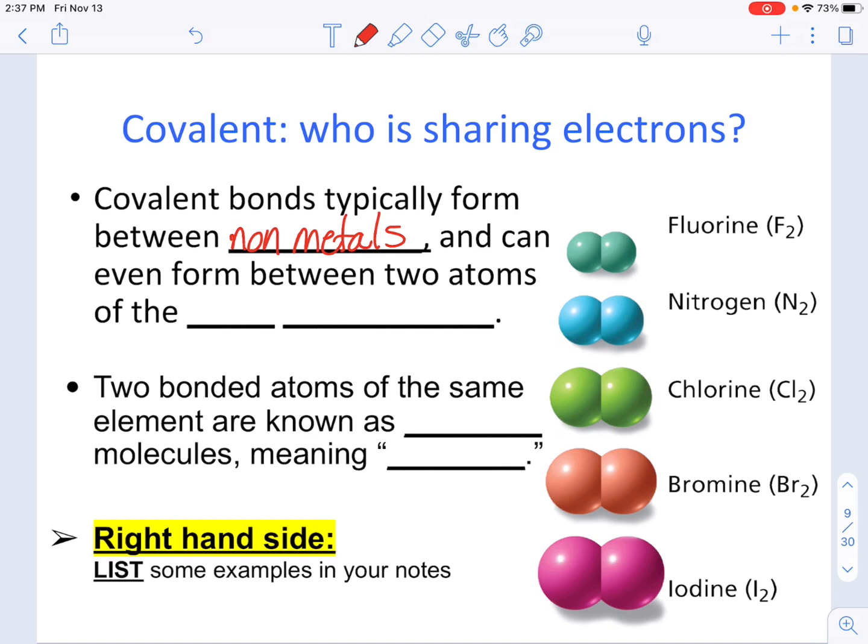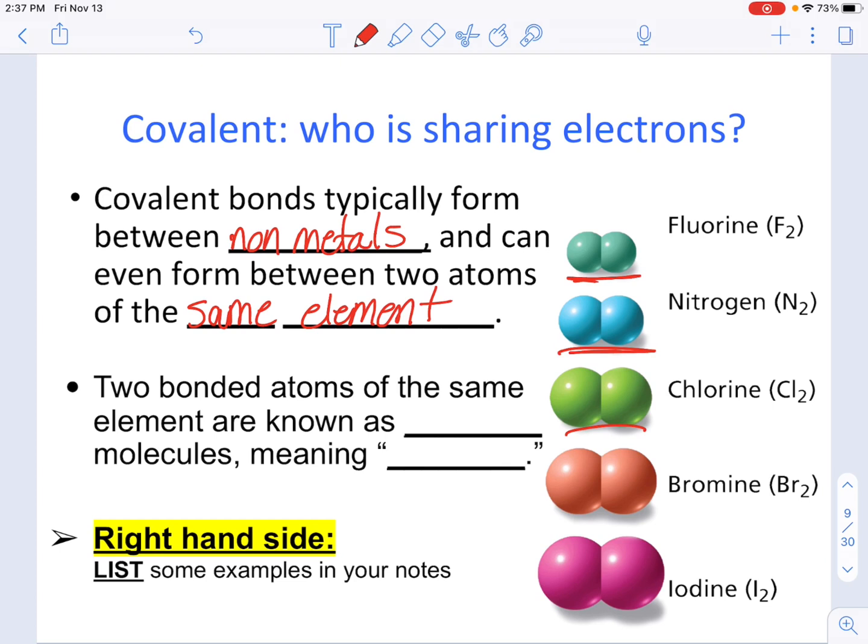And so you can even have two nonmetals of the exact same element form together. So they can even form between two atoms of the same element. So we can have two fluorines form together, two nitrogens, chlorine, bromine, hydrogen, lots of examples.